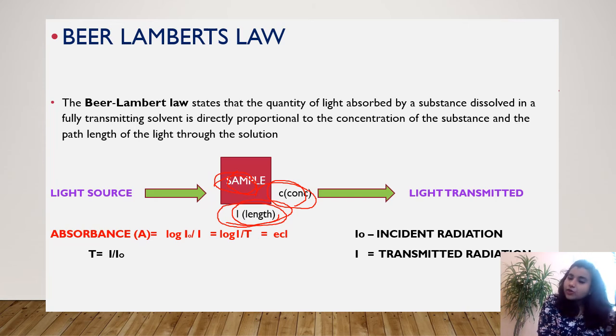Clear? So absorbance is directly proportional to concentration and it is directly proportional to your path length, right? So if we write it in the formula, A is proportional to CL. To remove the proportionality, there comes a constant which we call molar extinction coefficient. Clear everyone? So this is Beer-Lambert's law.